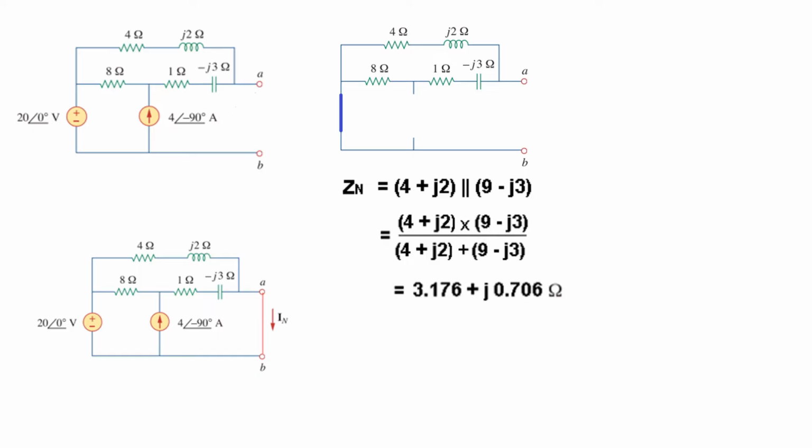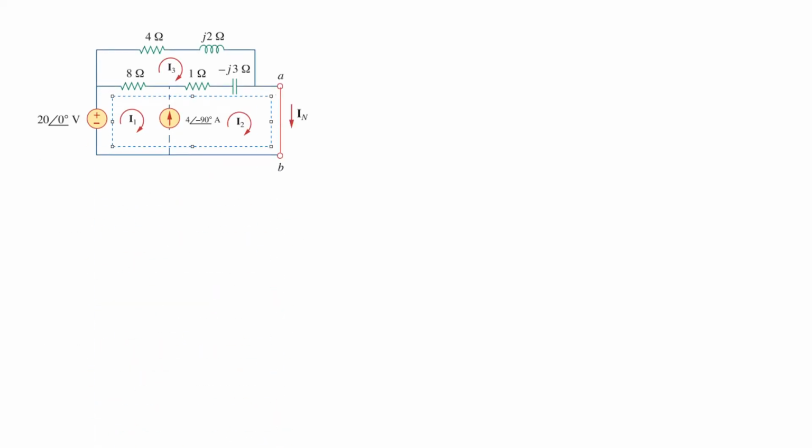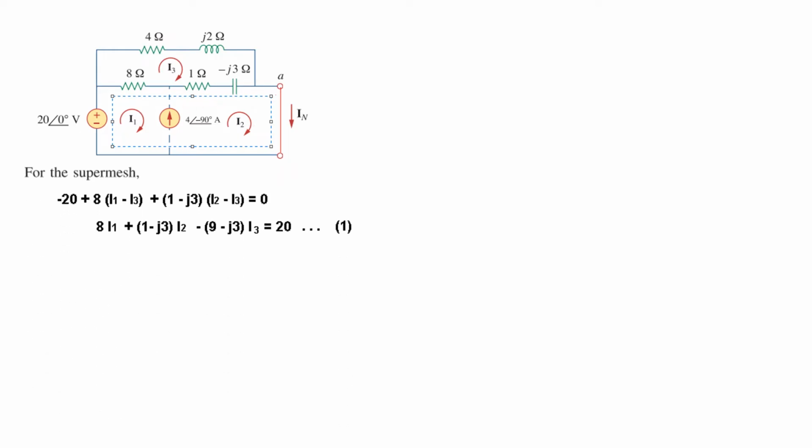Now to find this, we'll take help of the mesh equations. You can see from the circuit that this current source is between two meshes, and therefore this forms a supermesh. Also note that we had marked the current directions I1, I2 and I3, and now we'll write the equation for the supermesh first.